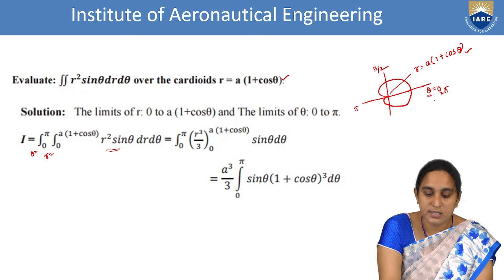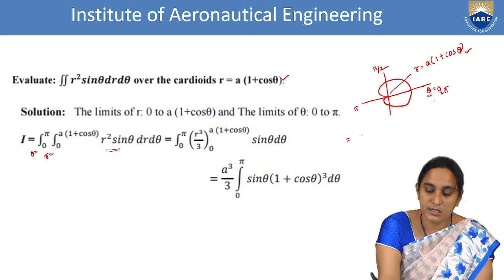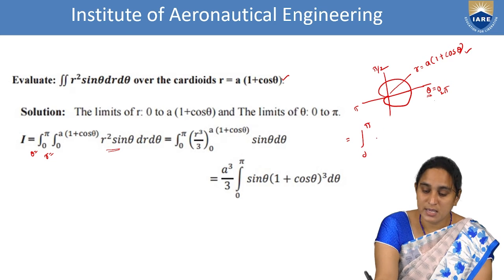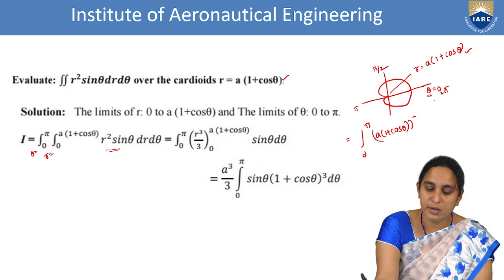Substituting the limit points, that is the integral 0 to pi of a into 1 plus cos theta whole cube by 3 minus 0 cube by 3, into sin theta d theta.